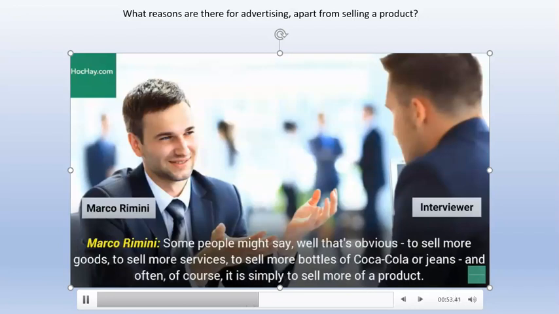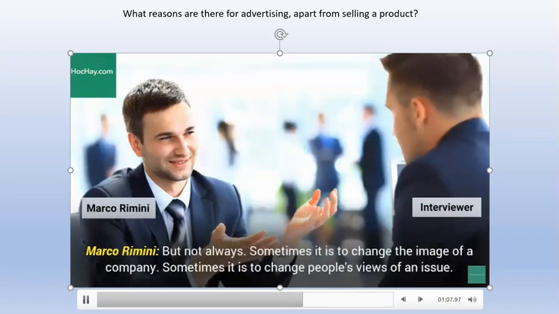Some people might say, well, that's obvious, to sell more goods, to sell more services, to sell more bottles of Coca-Cola or jeans, and often, of course, it is simply to sell more of a product, but not always. Sometimes it is to change the image of a company.